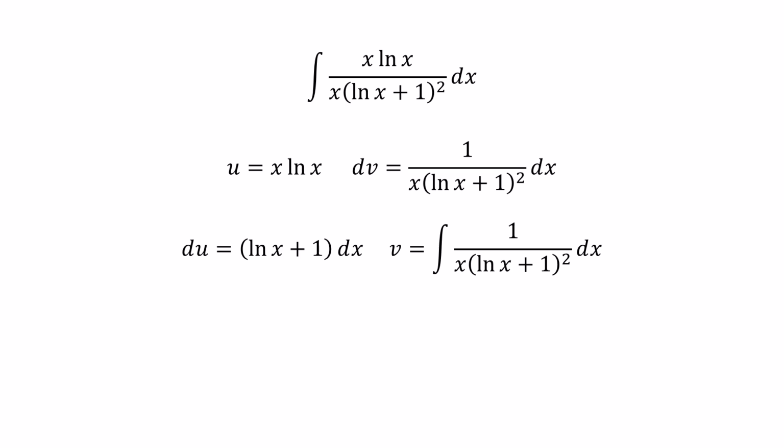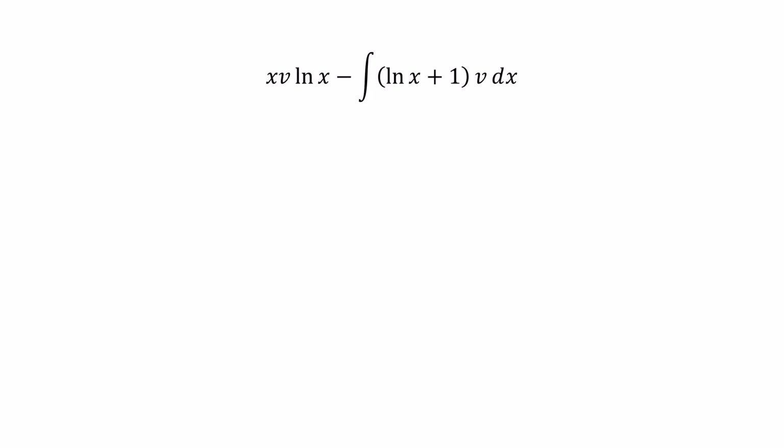Applying the integration by parts formula then gives x ln of x times v minus the integral of ln of x plus 1 times v dx. To calculate the integral, we begin by calculating v.